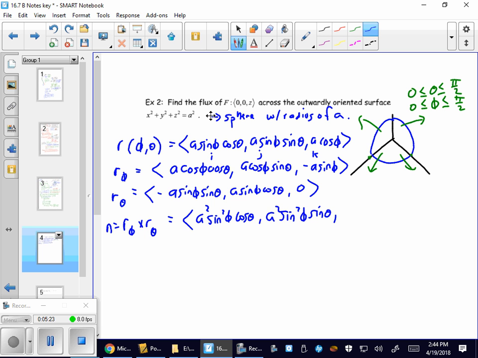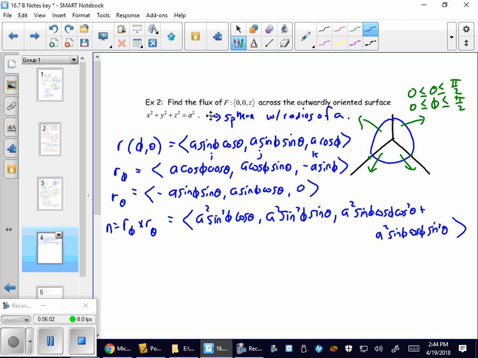Let's see if there's a shortcut to this. I'm just going to write it out. A squared sine phi cosine phi cosine squared theta plus a squared sine phi cosine phi sine squared theta.